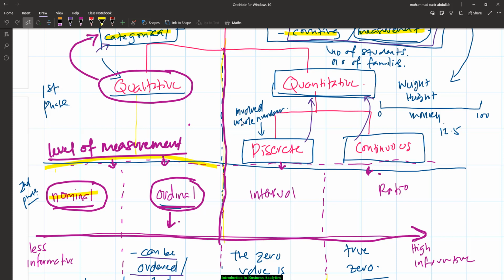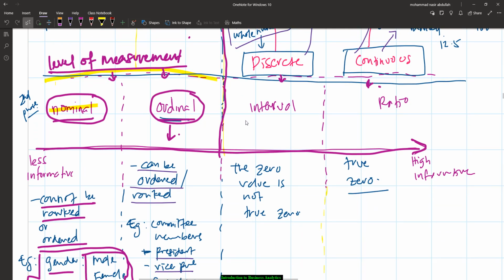Discrete quantitative involves counting numbers, whole numbers. Continuous quantitative is a number gotten from measurement. It can be measured, right? So for example, height, weight and money.